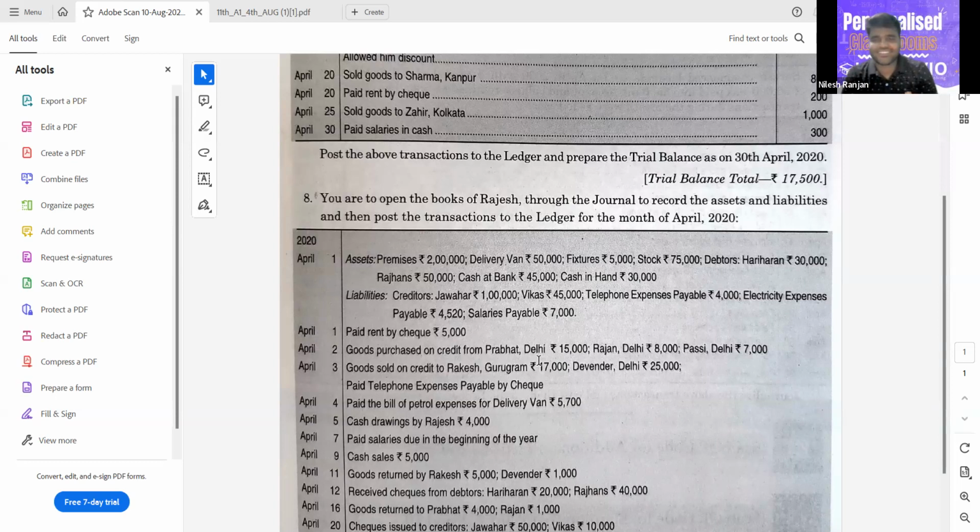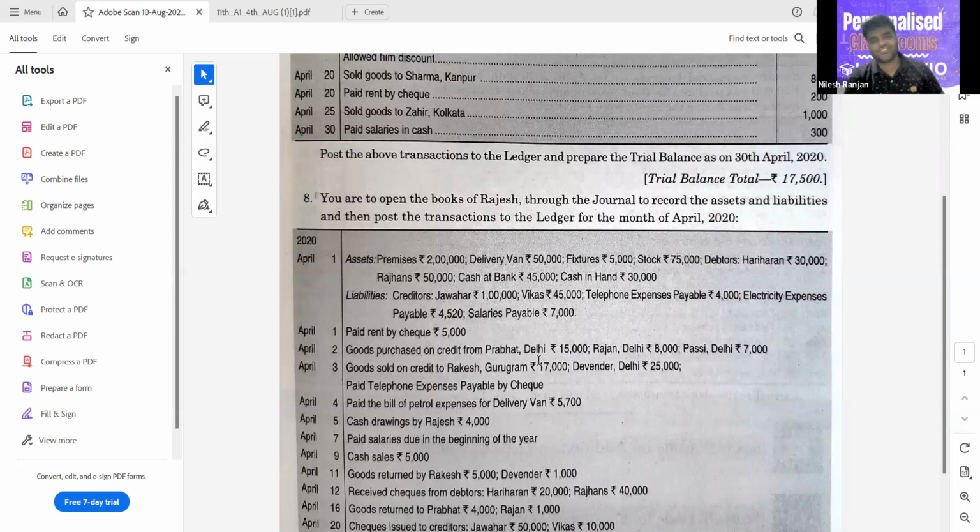I did not see this. Debtors. Sir, can you read that name? Yes. Hariharan. Okay, sir.